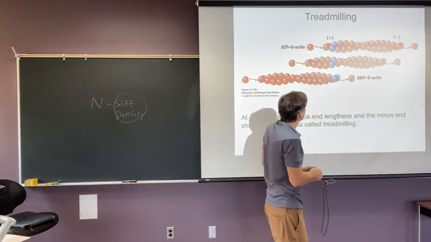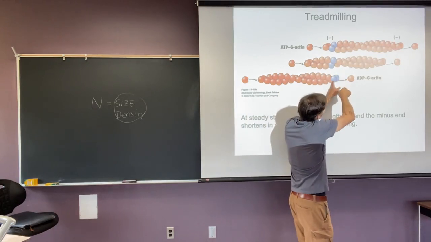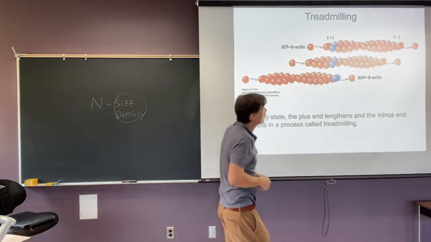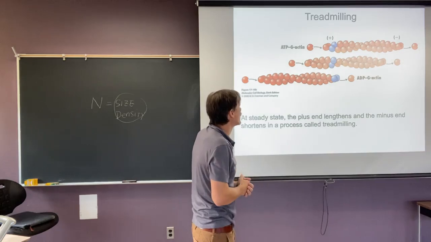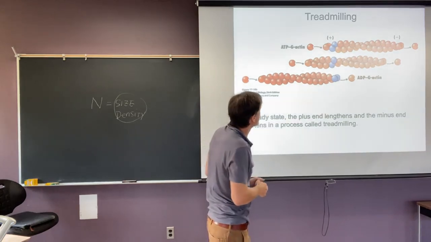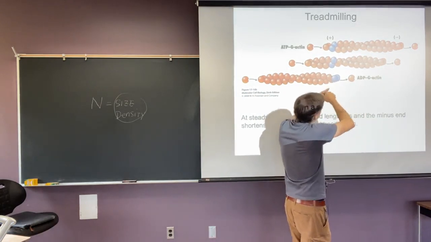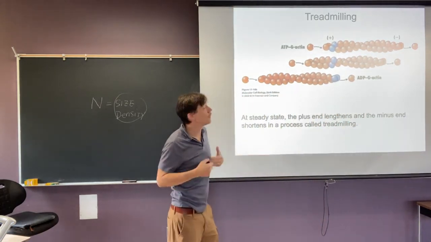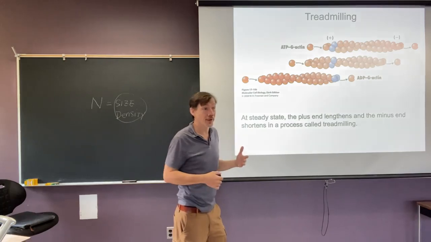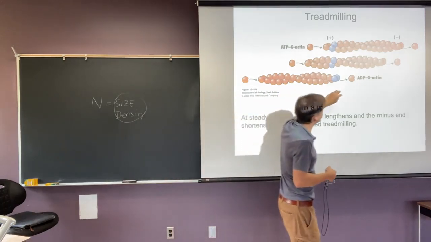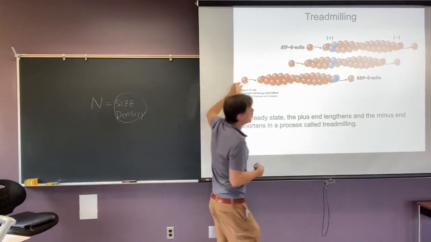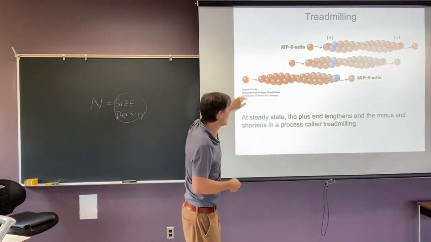If we mark one pair of actin subunits here, they would stay in place while the filament itself would appear to move through treadmilling. What's really moving is the soluble actin, which is being moved to the front to build new actin filaments.